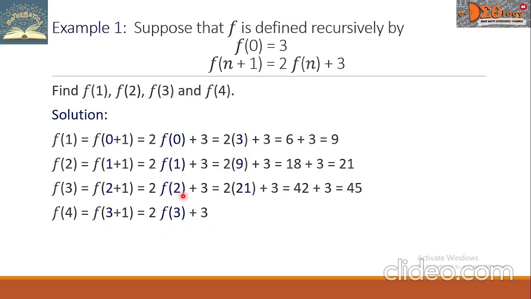The value of f of 3 we derived as 45. So we substitute the value here. So we have 2 times 45, then plus 3. The product here is 90, then plus 3, we have 93. This is the value of f of 4.